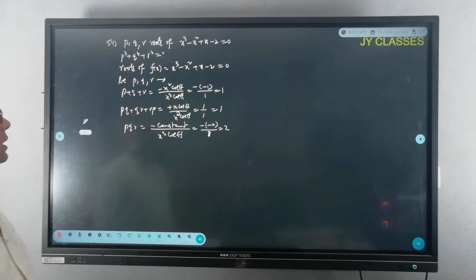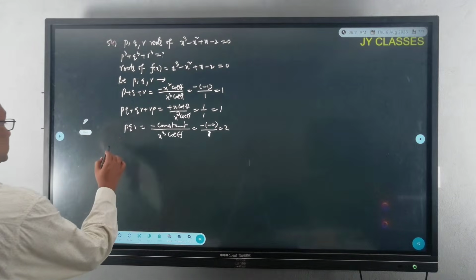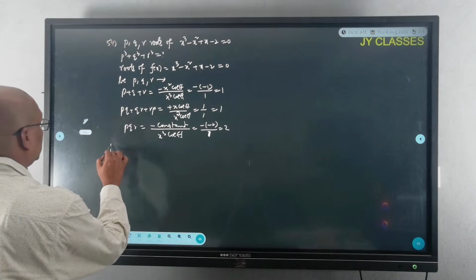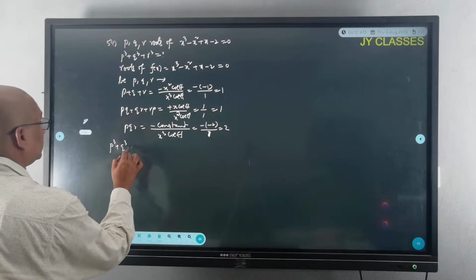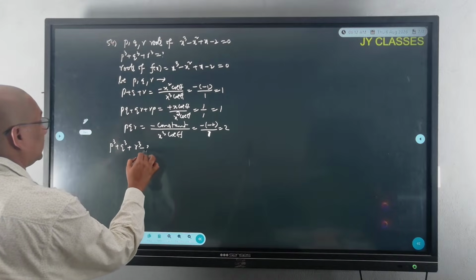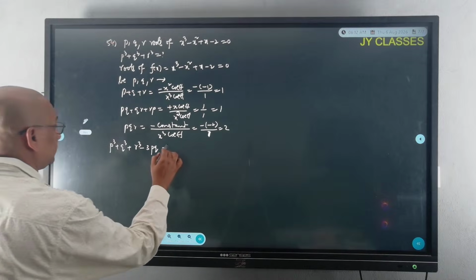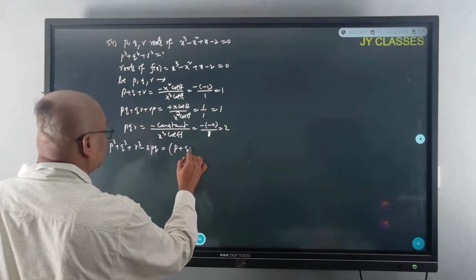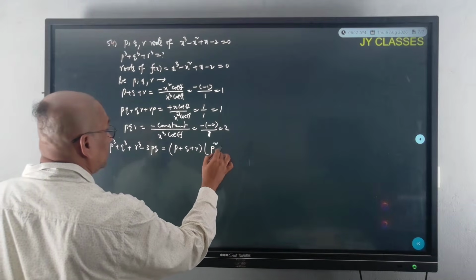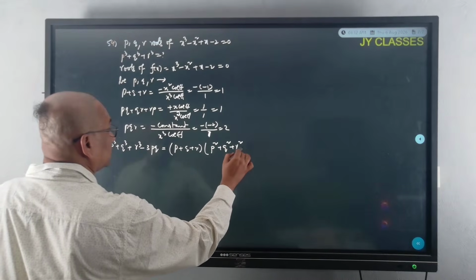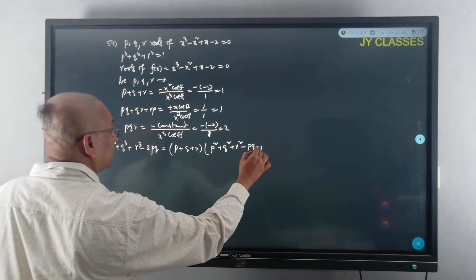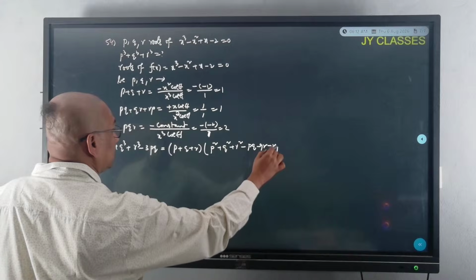Now we have to find p cube plus q cube plus r cube. You know p cube plus q cube plus r cube minus 3pqr is equal to, what is the formula? p plus q plus r into p square plus q square plus r square minus pq minus qr minus rp. This is the formula.